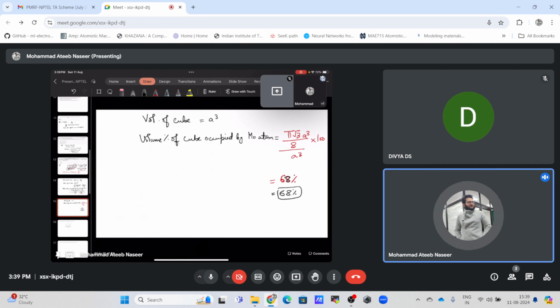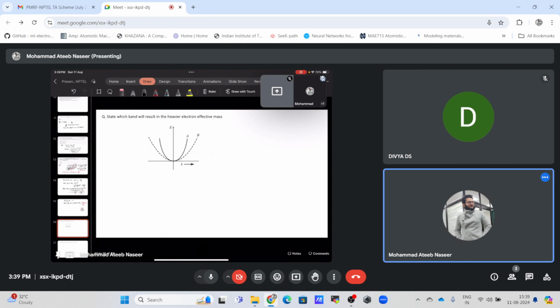Now moving towards another problem, which says: which of the bands will have heavier electron mass? I would like you to answer this question by just typing in the chat, or if you want, you can unmute yourself and answer, because this is just the logical question that we are going to face again and again if we deal with effective masses.